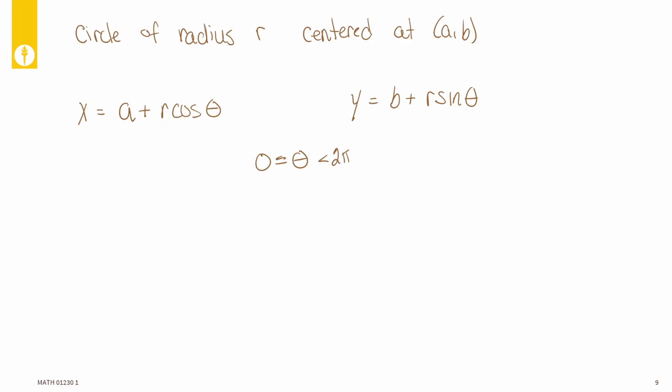That's your general parameterization of a circle. Right, so that may be one you want to write down and remember. If the center is the origin, then you just get R cosine theta, R sine theta, which is what you expect.